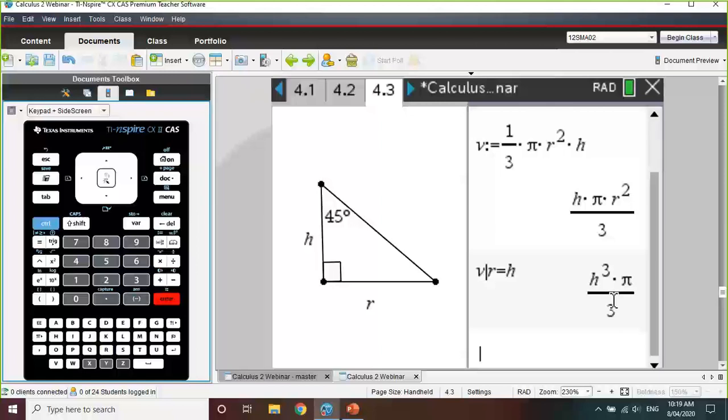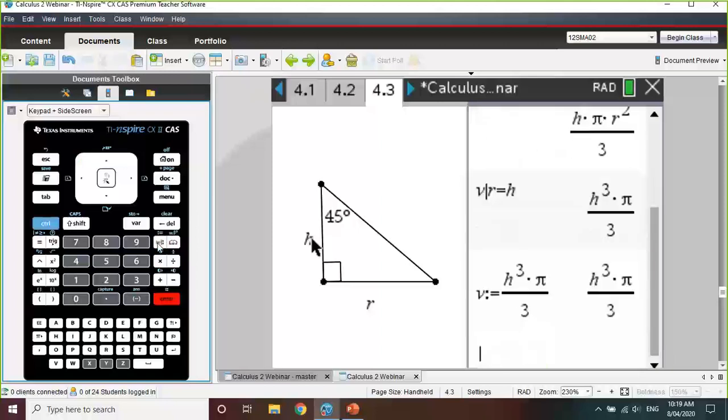I'm just going to redefine that to make sure that when we work with it, we have the volume solely in terms of the height H.